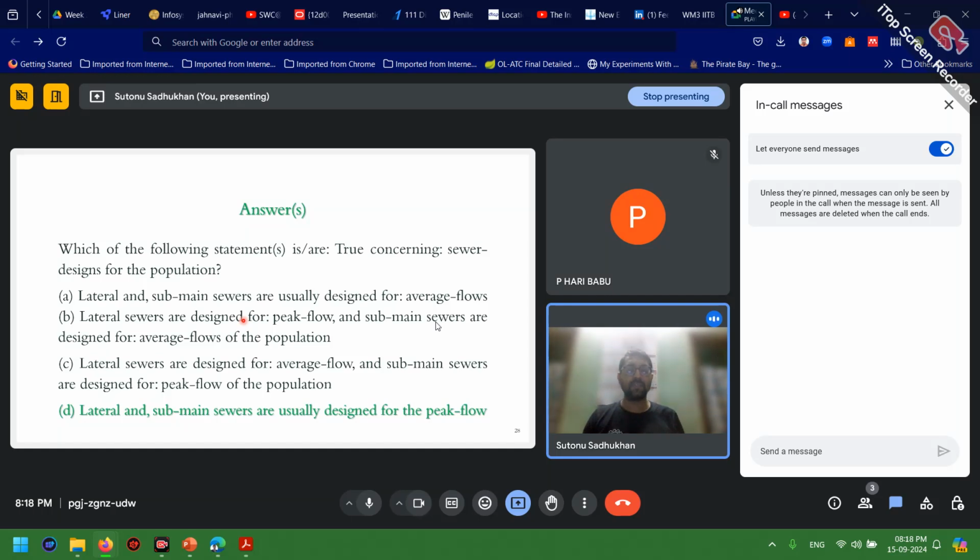So the design must be for the peak flow, for both the lateral and submain sewers. You cannot just replace the sewer pipelines if the flow increases. So you have to design keeping the peak flow in mind. And though it seemed an MSQ, one option is correct in this case.